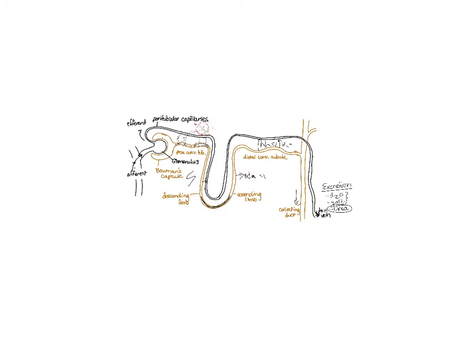So the water is going to be forced out, reclaimed back by the blood system here. You've concentrated all of your filtrate. You do some fine tuning to determine exactly how much water and sodium chloride you want to reclaim. That's going to be based on the antidiuretic hormone. And then your filtrate is excreted, and most of that is salt, water, and urea.